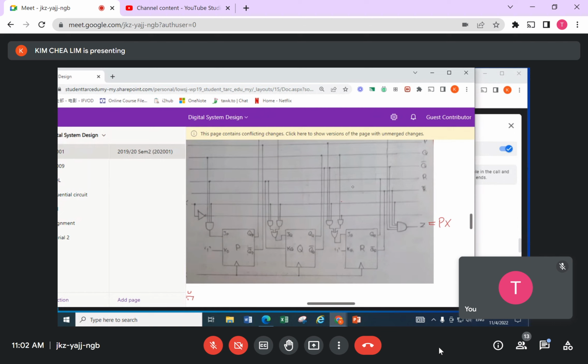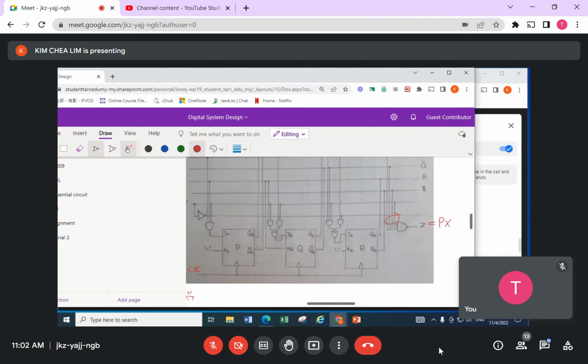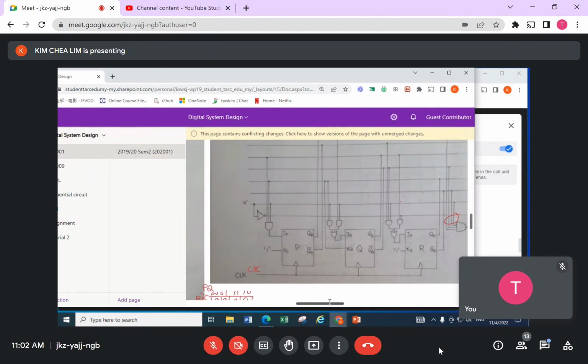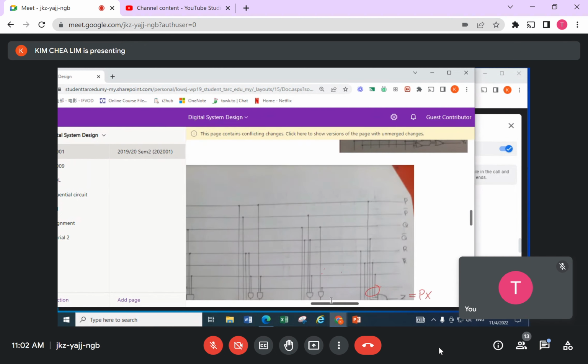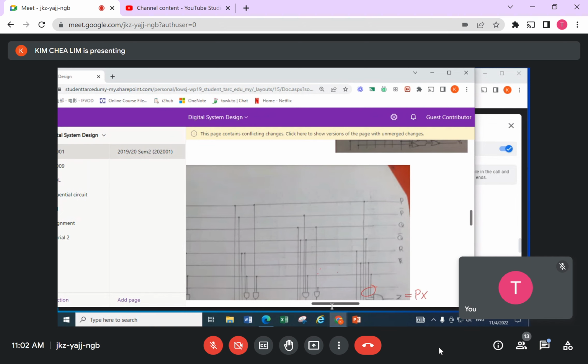So, confirm that this is correct. So your clock. Here this label is PQ bar. Yes, good.